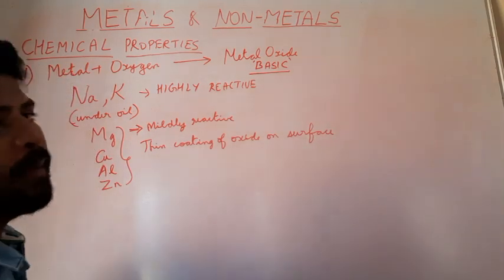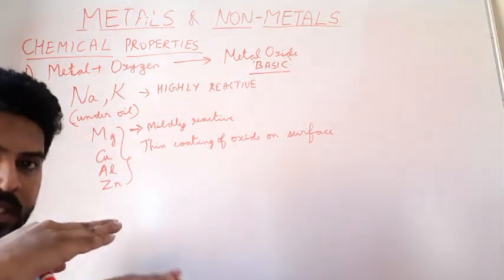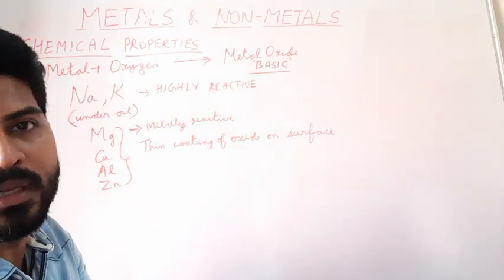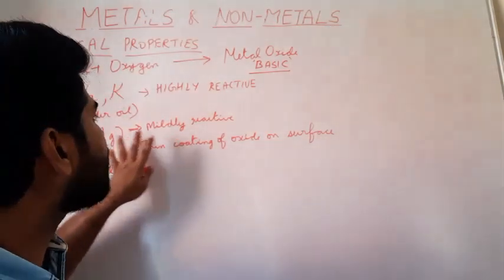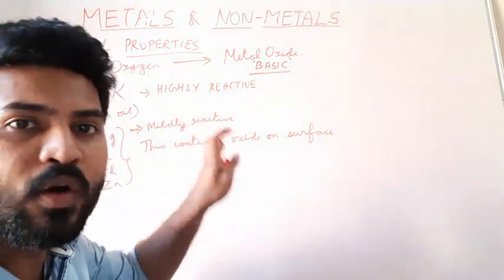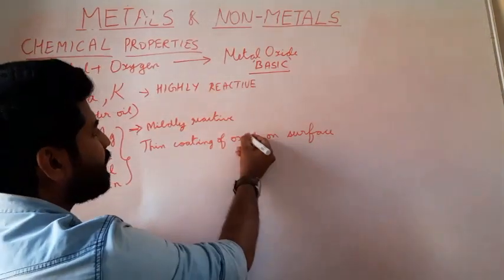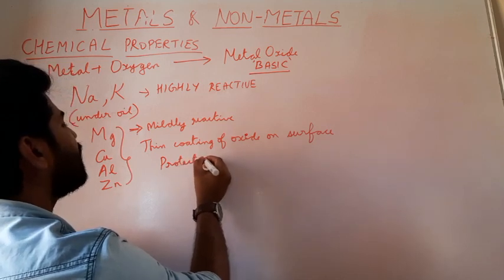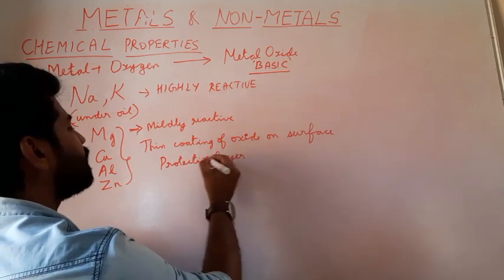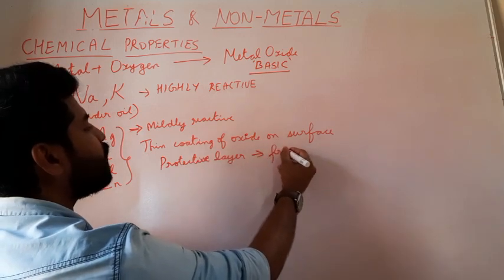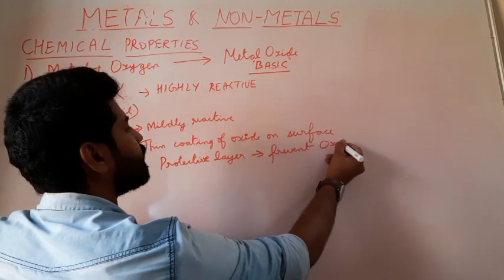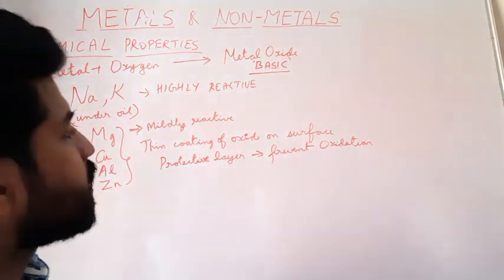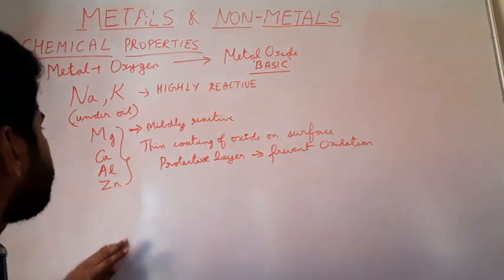If you have seen magnesium ribbon, on its surface we find a black or greyish coating. That is nothing but magnesium reacting with atmospheric oxygen and forming an oxide layer. This layer of oxide acts like a protective layer, and hence this protective coating will prevent further oxidation. Thus the metal is protected from further corrosion.